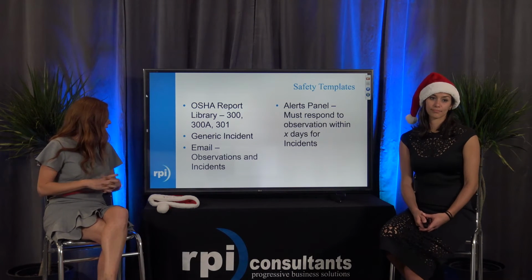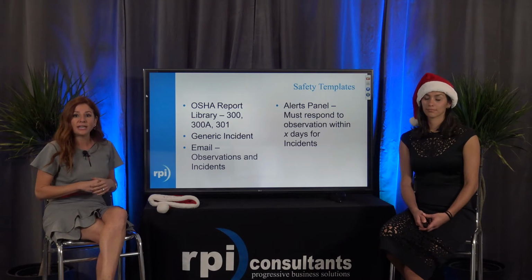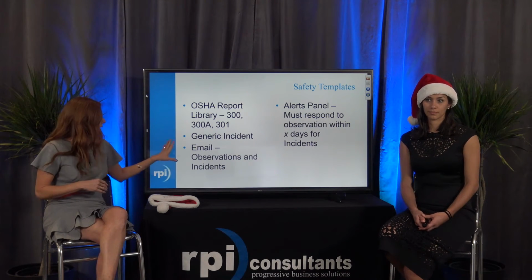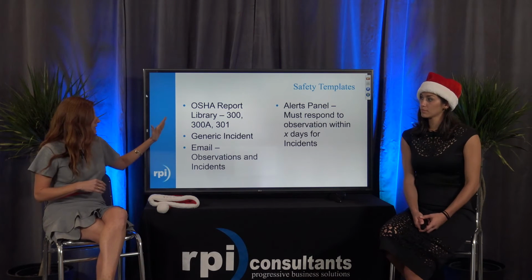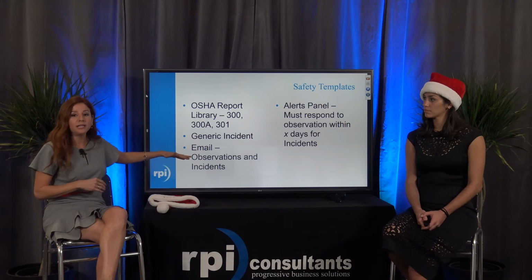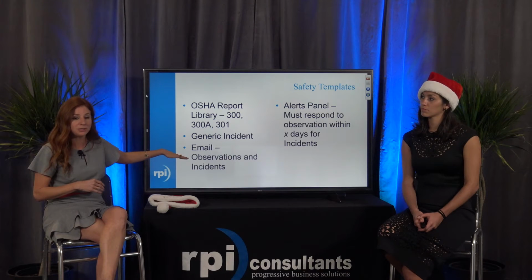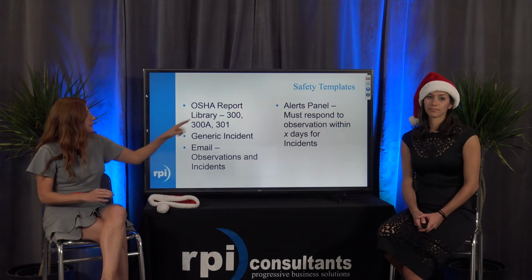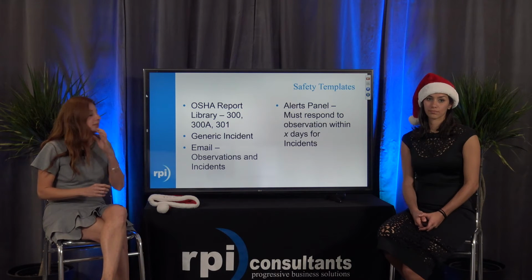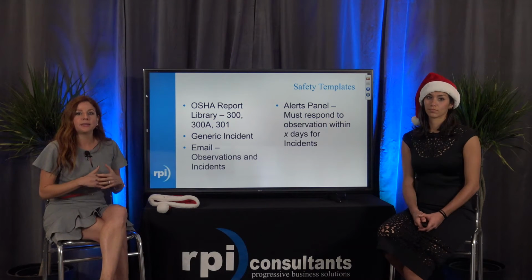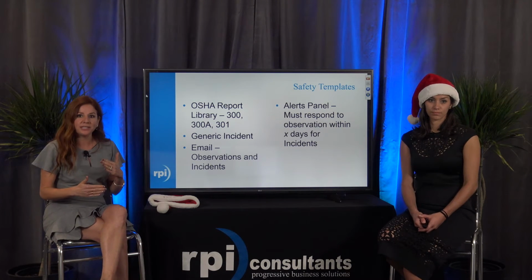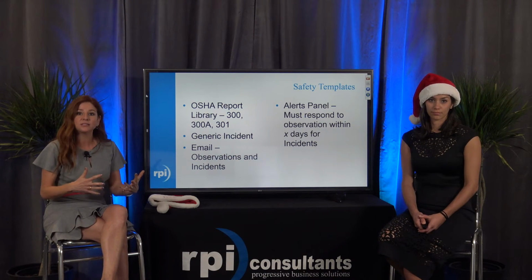Email, you saw through Jackie's slides on the health side that you can set up those email templates. The types that you could set up for the safety module are email templates based around observations and based around the incidents. And there is an alerts panel where you can set up a certain number of days that an observation has to come back to you within.